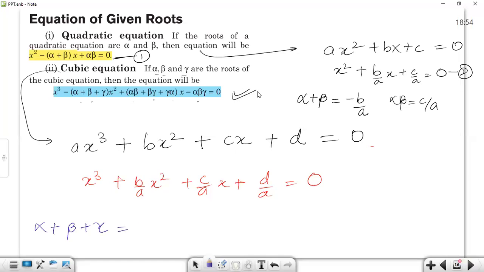Come on, compare equation number 3 and 4 and tell me what will be alpha plus beta plus gamma. Sorry, not this 4, this fourth equation. Compare the third and fourth equation and tell me what will be alpha plus beta plus gamma.